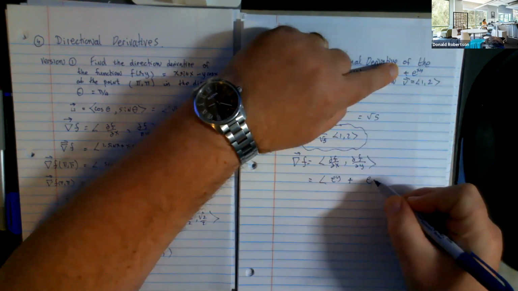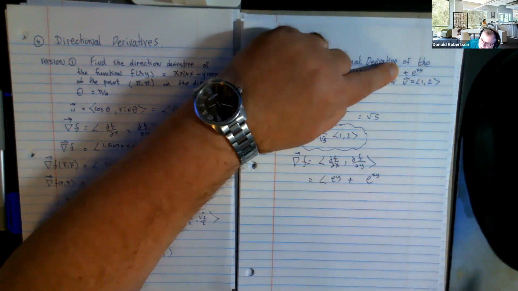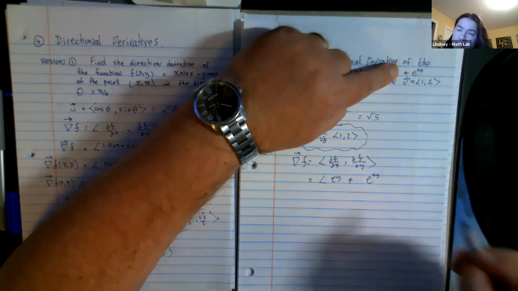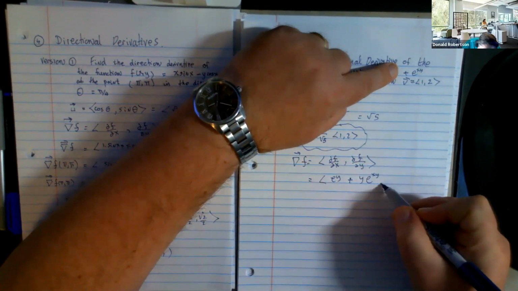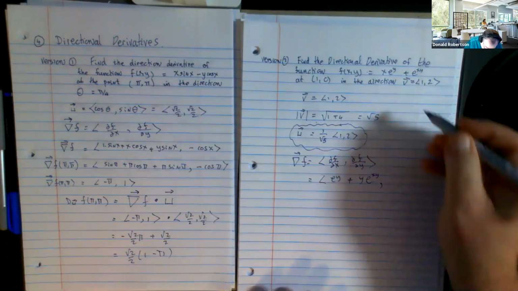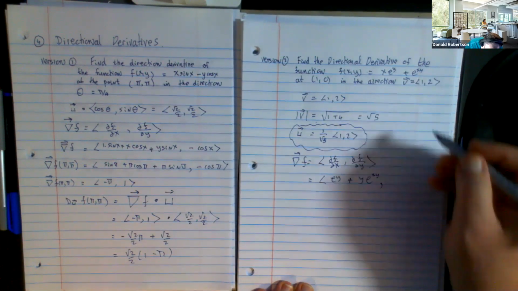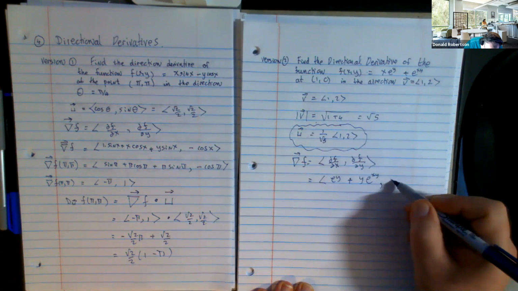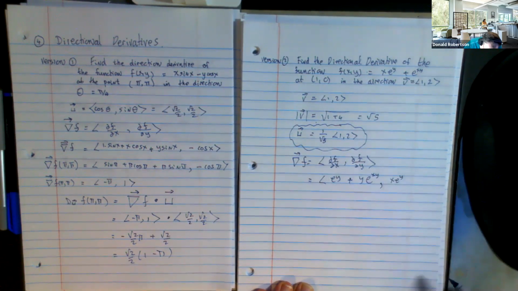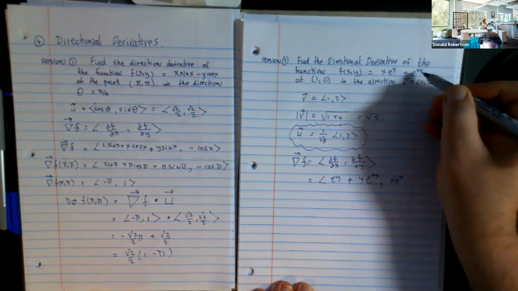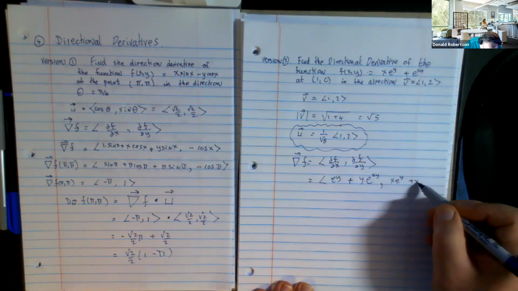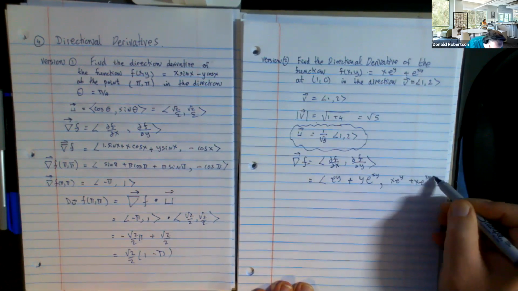You don't just get e to the xy, do you? What else do you get? Y e to the xy. Agreed. Then you do comma, and then you do the second one, only with respect to y, this guy is him. And with respect to y, this guy is him.